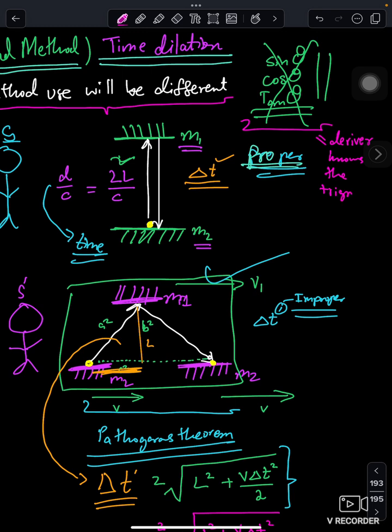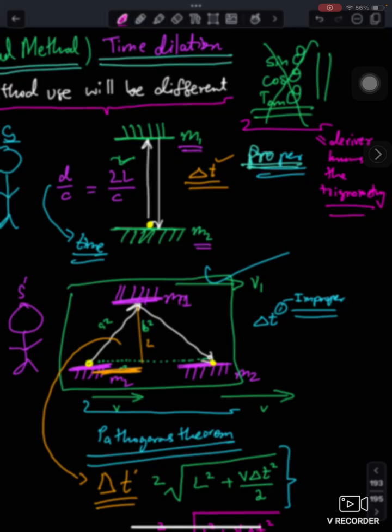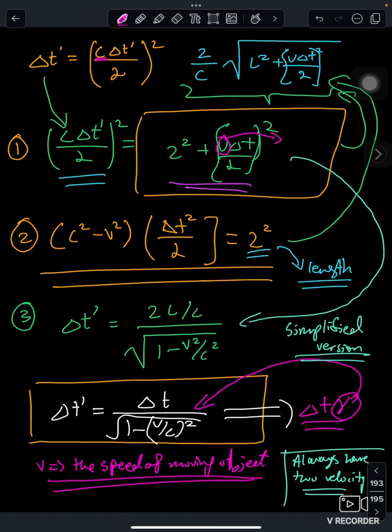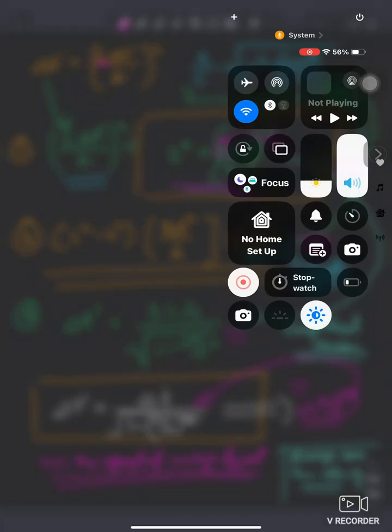If he knows trigonometry, that concept will be a piece of cake. But even this will work. It's the same thing. Here, the difference is that we have many equations derived, but all of them have the same concept. Thank you.